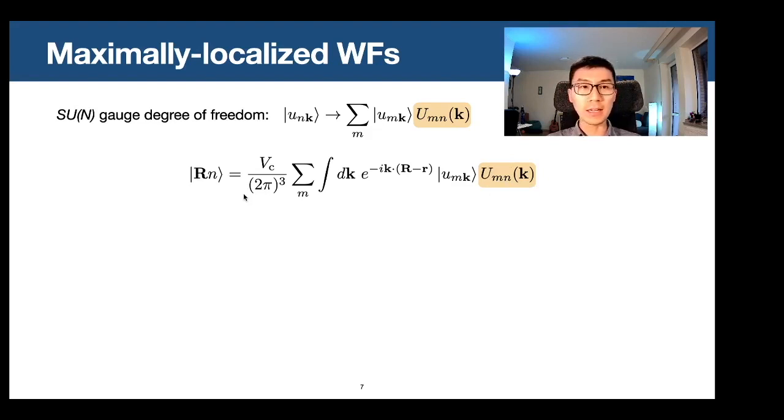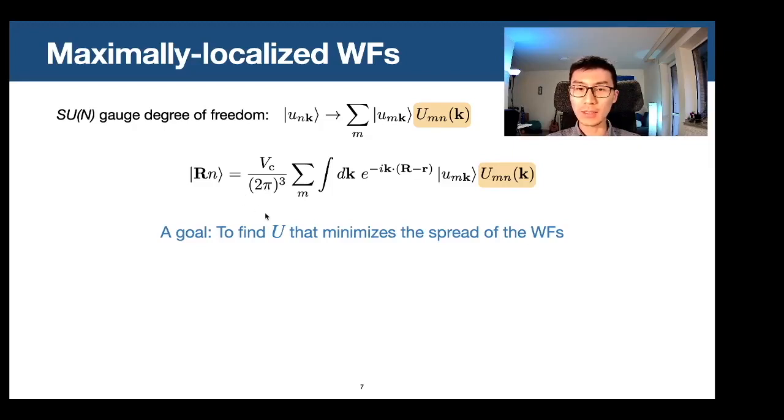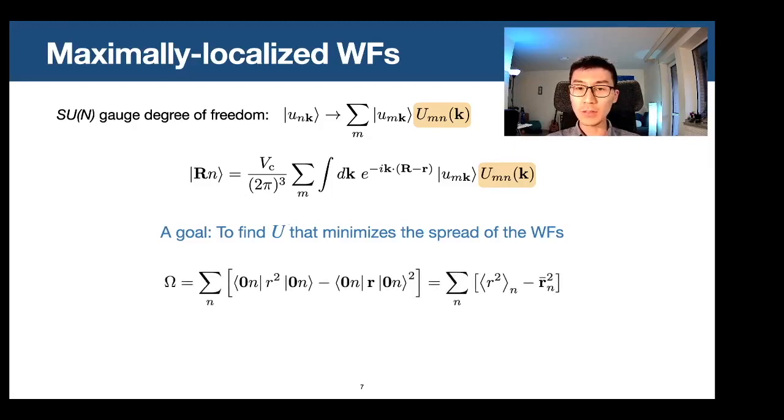But the idea is that we choose U such that it minimizes the spread of the Wannier function so that they are really localized. The spread of the Wannier function, we can define as the second moment of the Wannier function like this. And what we are going to do is find the U that minimizes this omega.